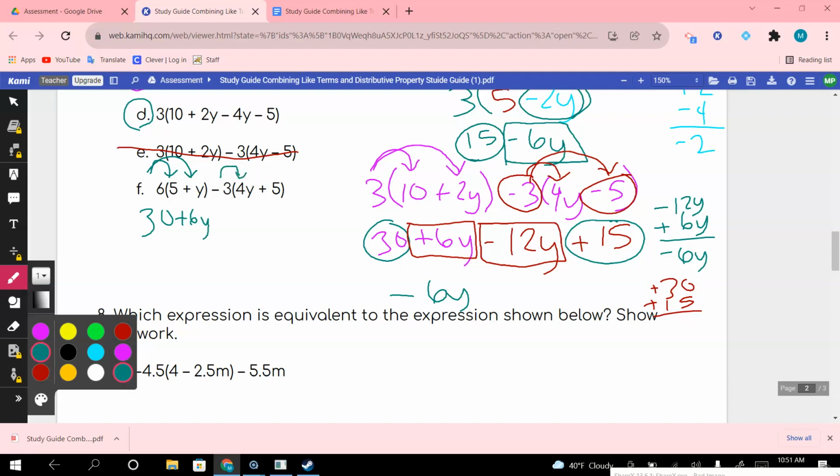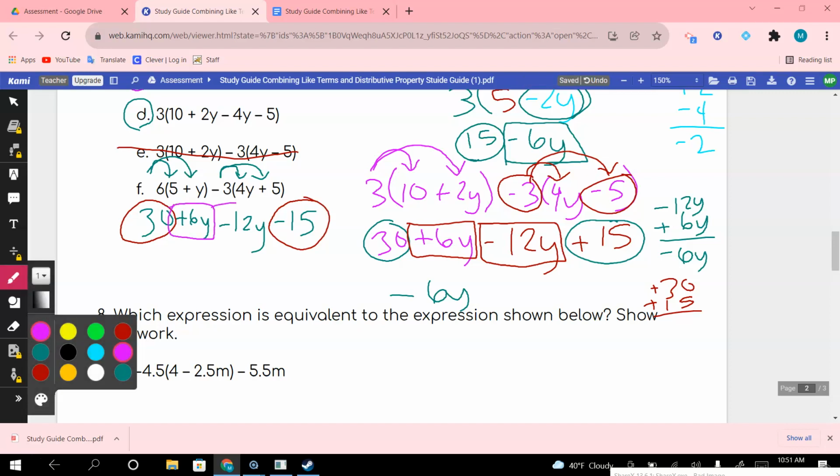Negative 3 times 4, because that is a negative 3, is negative 12y, and negative 3 times a positive 15 is a negative 15. So we have the same thing as we did on the other one, except for this time we have minus 15 instead of plus 15. So this one is going to work, because we have positive 30 and a negative 15, which would mean we would subtract.